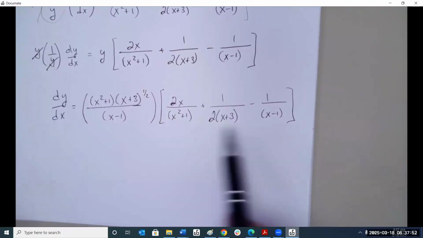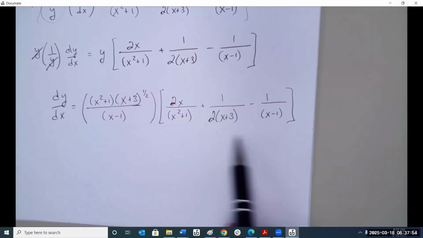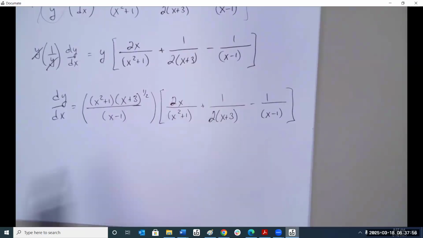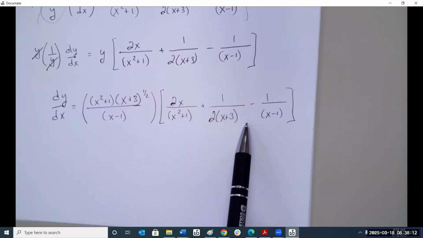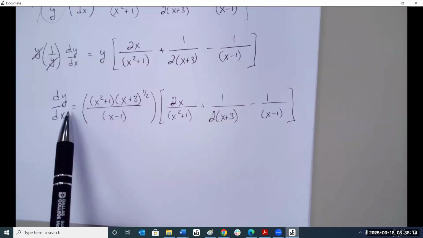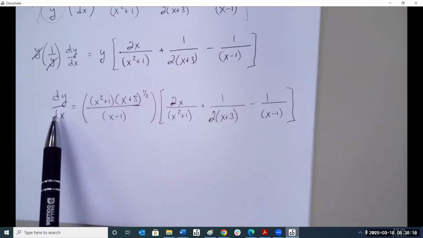Now, what does this whole equation just find for us? What does it all equal? It equals dy/dx. What is dy/dx?